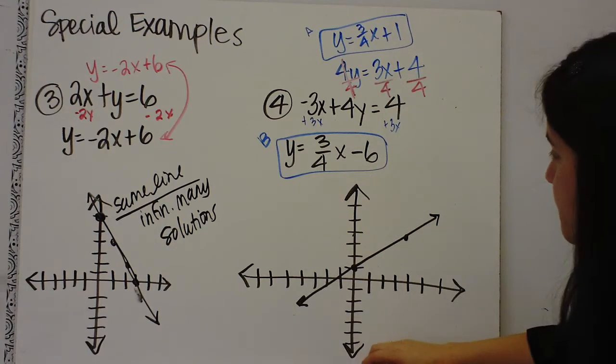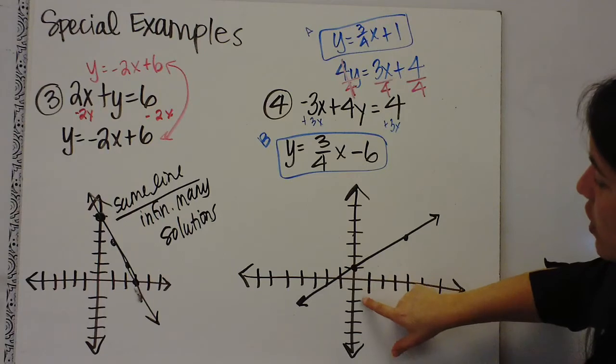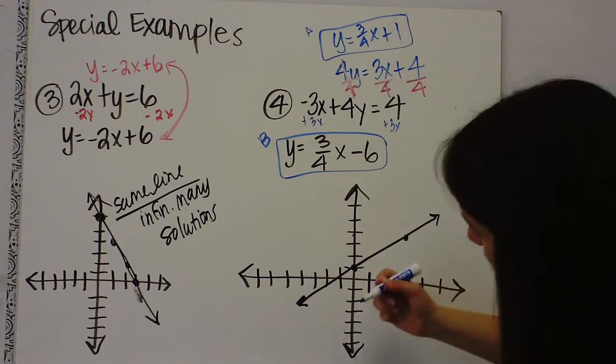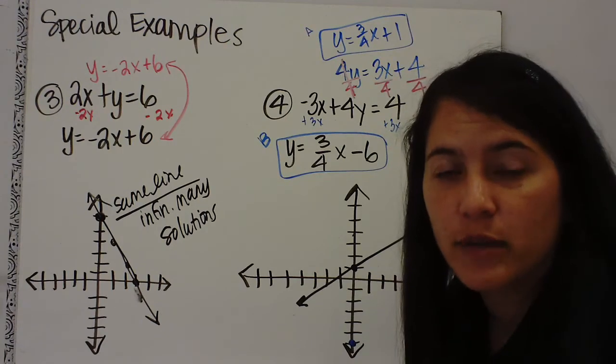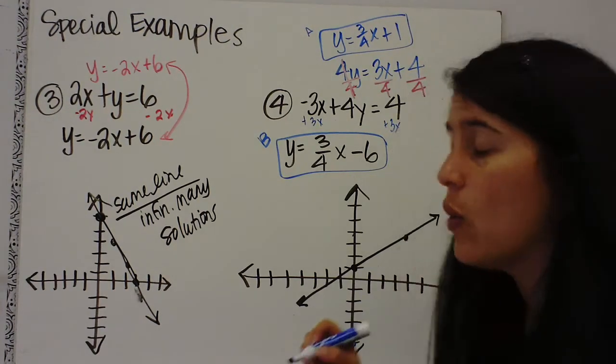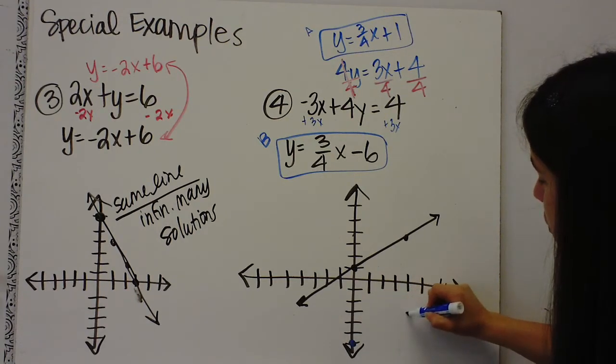This equation has a y-intercept of -6. So I have to go 1, 2, 3, 4, 5, 6. I put a dot down here. And then my slope is 3/4, so that means I'm going to rise 3 and run 4.